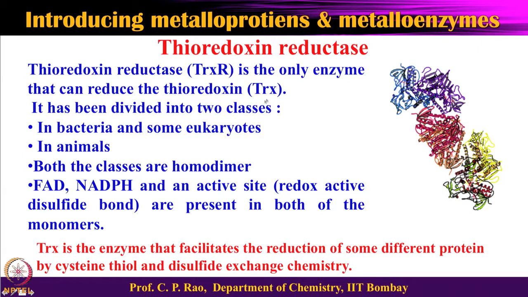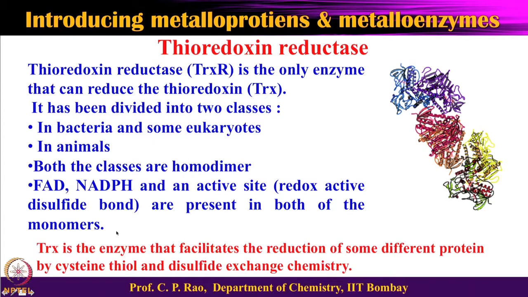Now, this particular enzyme, thioredoxin reductase, has been divided into 2 classes. One is that present in bacteria and eukaryotes, the other is present in animals. Both the classes are homodimer proteins.